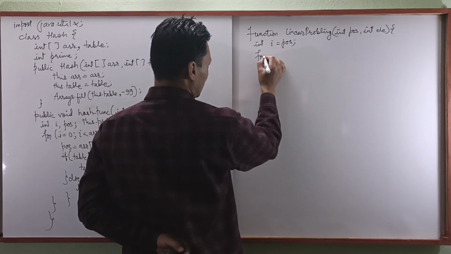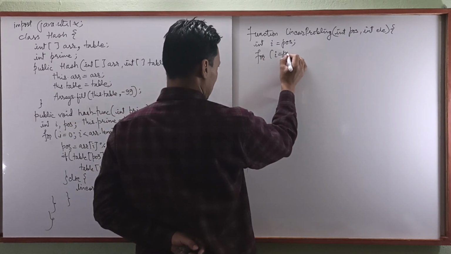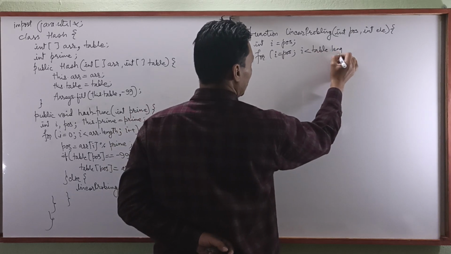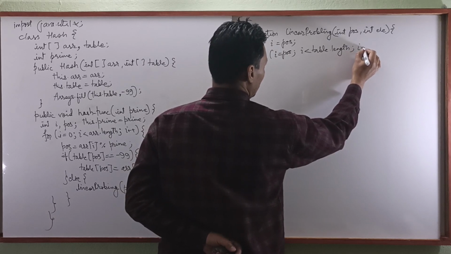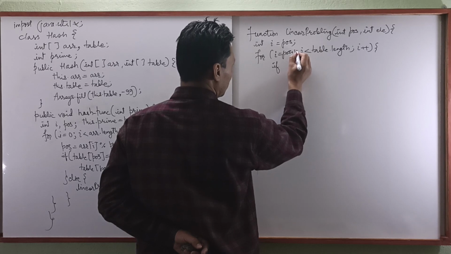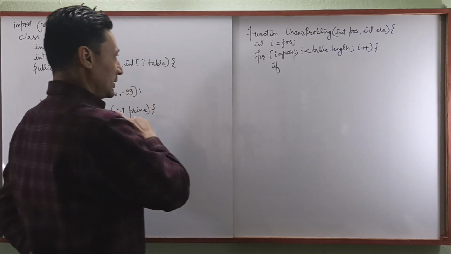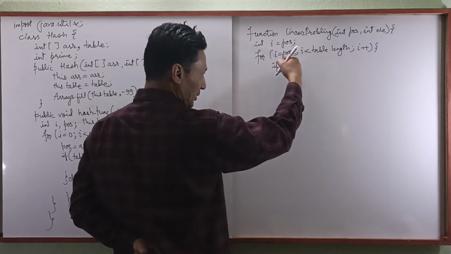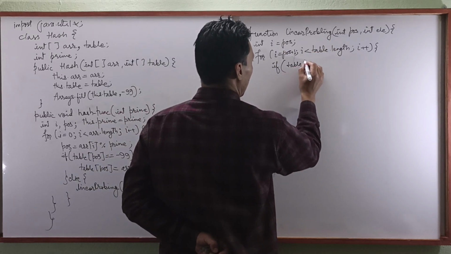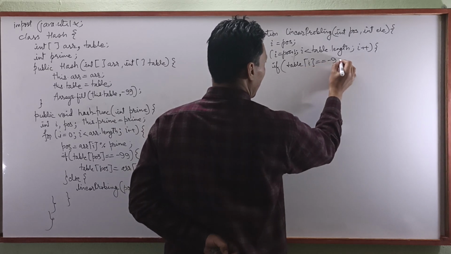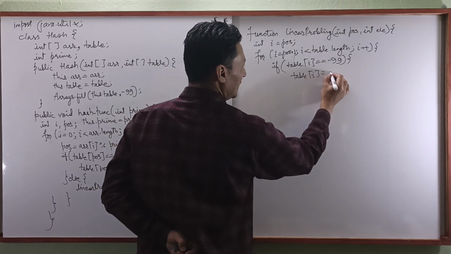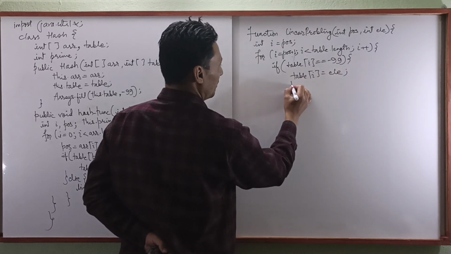Let's loop through this: if i is less than table.length, i++. Now i is actually i + 1 because we have already checked it here. The position is not empty, so I have to increment position by 1. So table[i] is -999, then table[i] = ele. Then I have to break this loop.